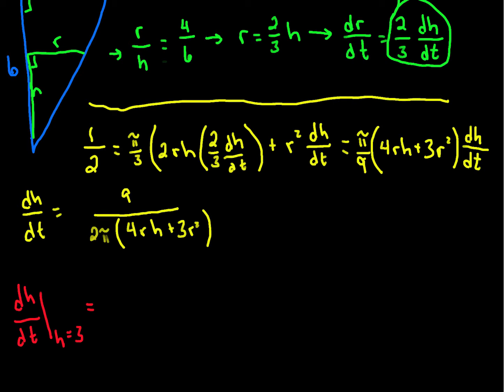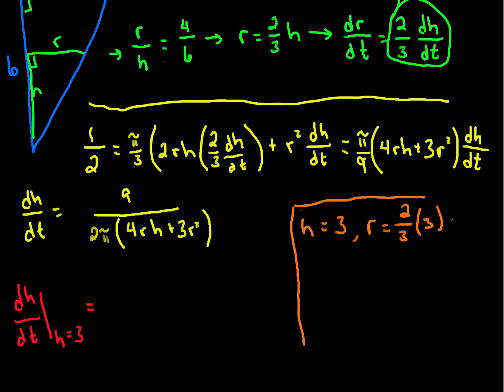So kind of doing our side work here, when h is 3, r is equal to 2/3 times h, so that's 2/3 times 3, which is 2.